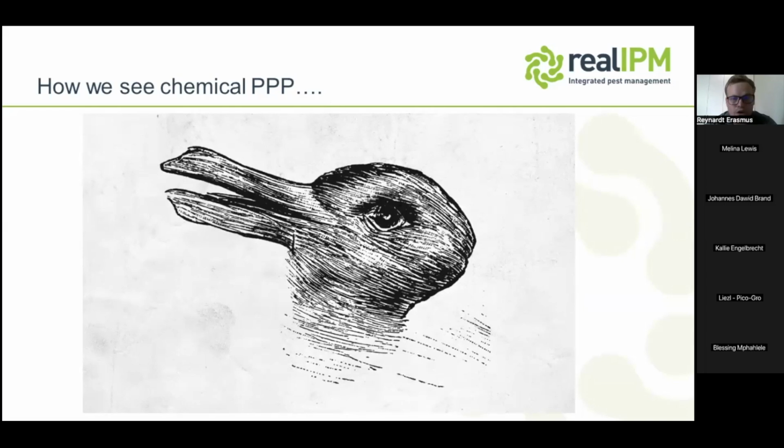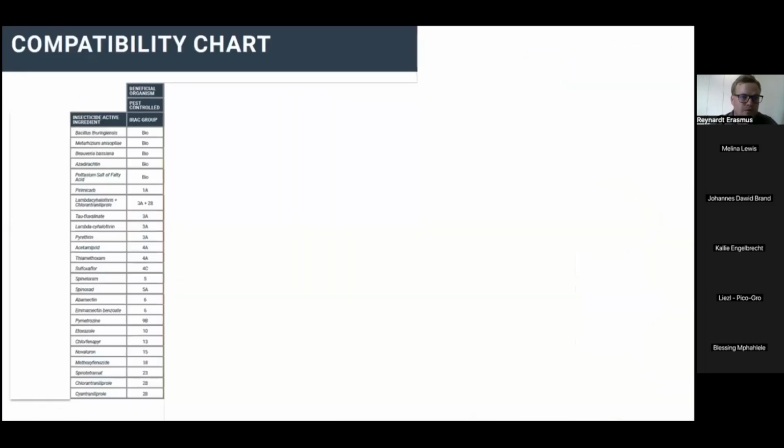As a biological producing and selling company, you probably think that we are completely against chemical pesticides. This is, however, not the case. Just as this picture, we just look from a completely different angle. Most people would be able to know the names, the commercial name, the active ingredient, maybe even the group.